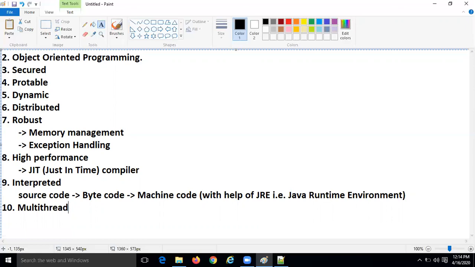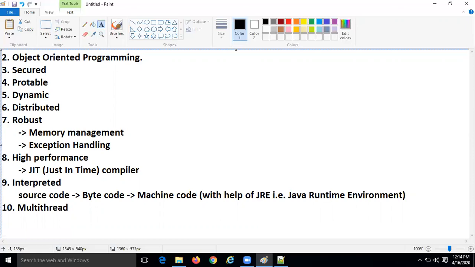Not only for video games, but also in animations, like movie people, cine people, doing animations. At the time of animation also, we use multi-threading. So that's why Java is more powerful than other programming languages.